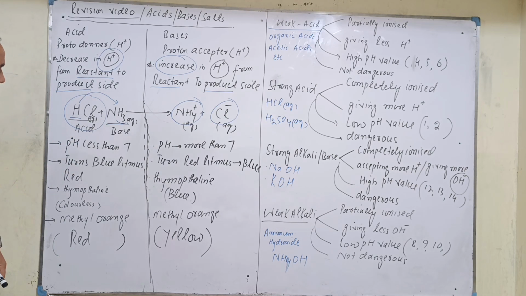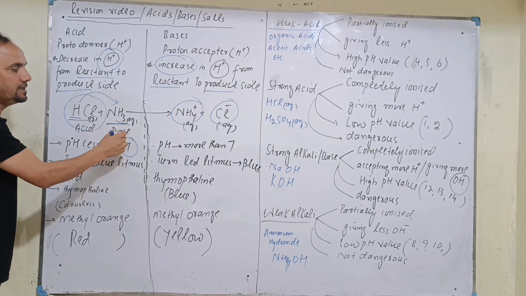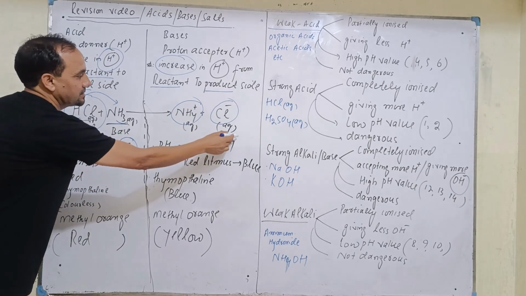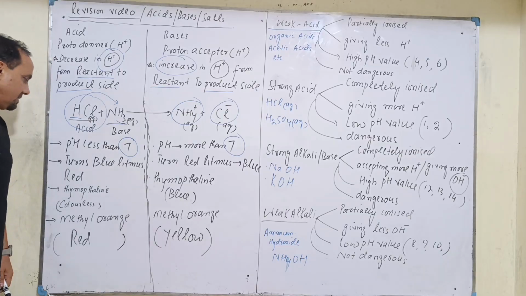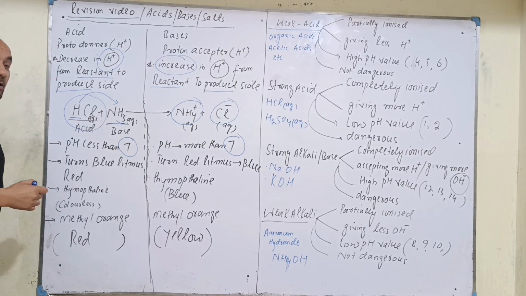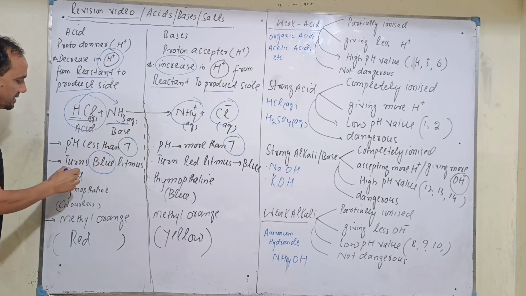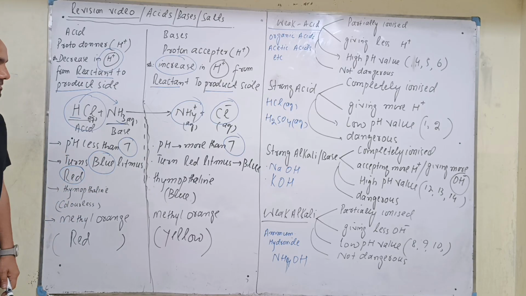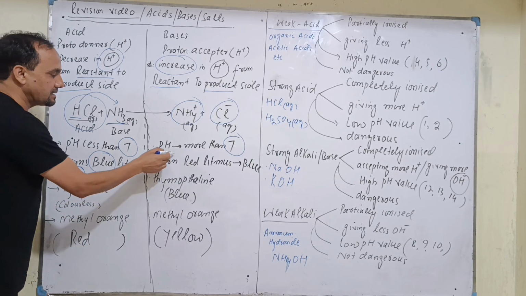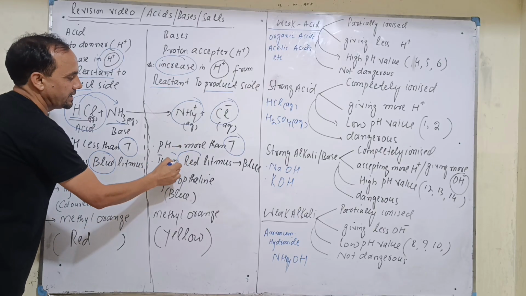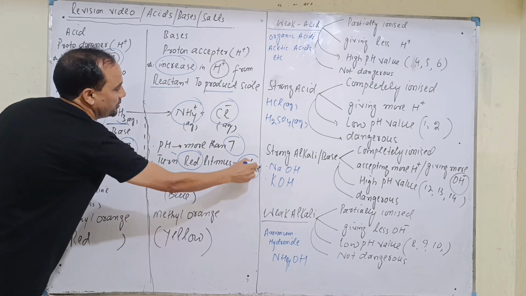Some other properties: acids have pH less than 7 while bases have pH more than 7. Now what about the indicators? In acids the blue litmus paper turns red, but in case of alkalis or bases the red litmus paper turns blue.